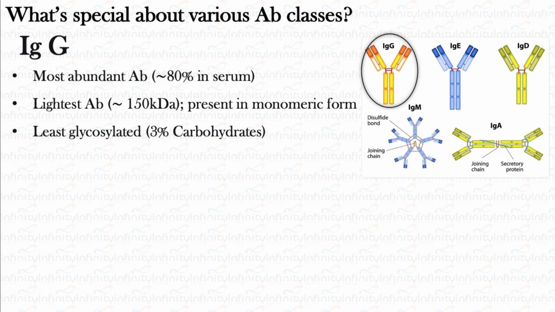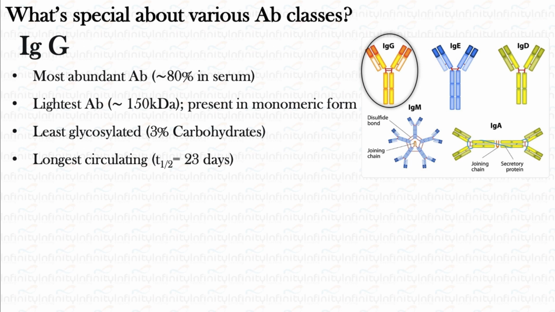It is also the least glycosylated antibody that is present in plasma. That means it does not have as much carbohydrate content as some other antibody classes, right? It contains roughly 3% carbohydrates. Now, IgG is also important because the half-life of IgG is the longest at 23 days.